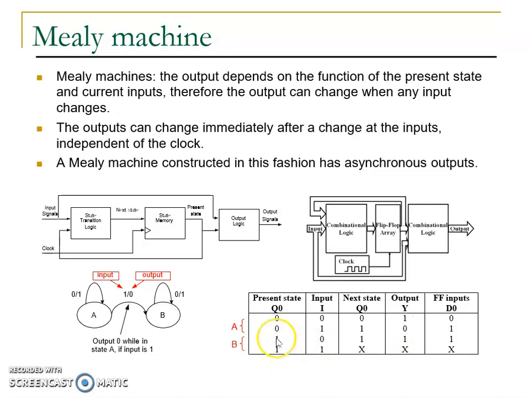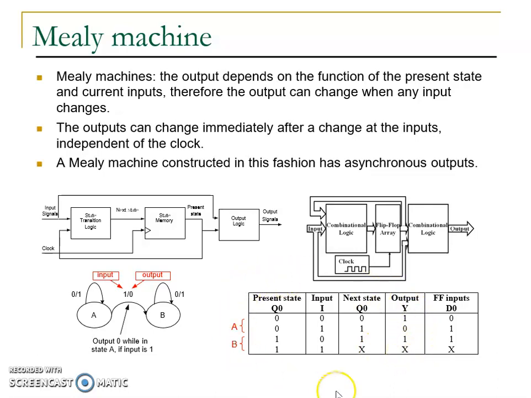Then next is state B, input 0. The next state is B, which is 1, and the output will be 1. Meanwhile, for state B with input 1, when you see the state diagram, they have no input 1, so the next state will be don't care. The same goes for the output, don't care.